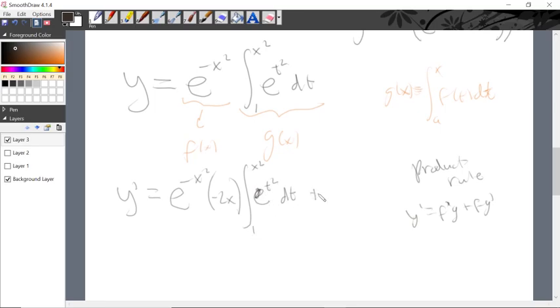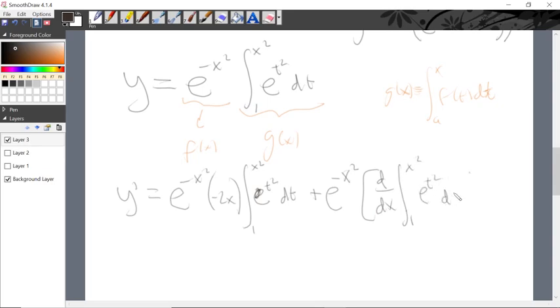And then we're going to add to that f times g prime. So f is e to the negative x squared, and now we need the derivative of our integral function with respect to x. Okay, so we want g prime of x. I'll write here in notation form the d over dx of the integral from 1 to x squared of e to the t squared dt.